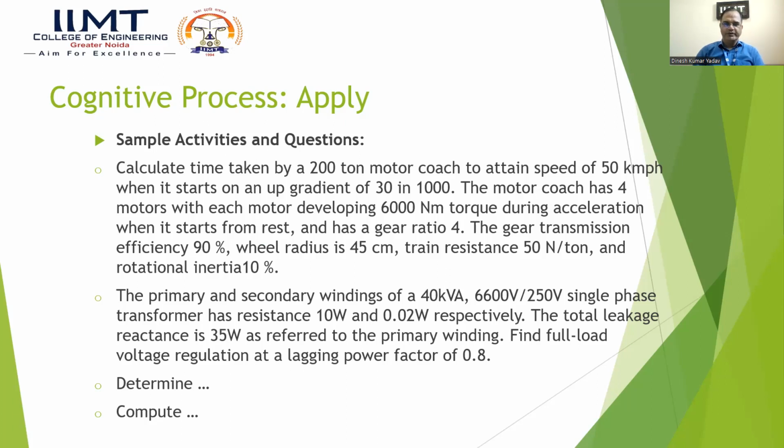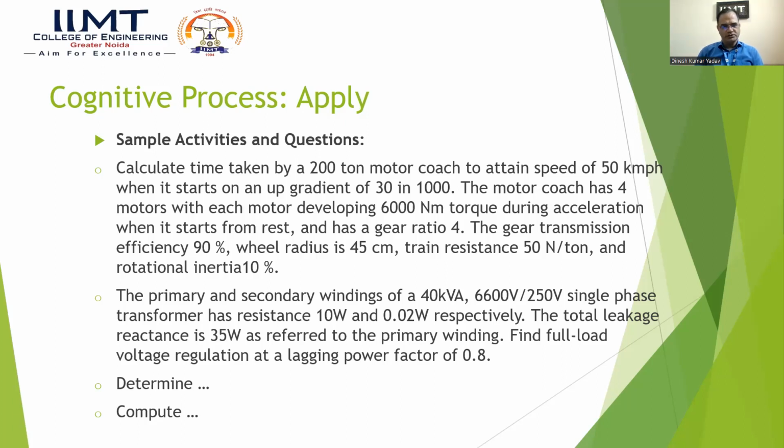So various parameters and numerical values are given here, and the student has to calculate the time taken to attain a particular specific speed. Obviously the formulas are pre-calculated, the relationships are pre-known to him. He just has to apply those formulas, apply his knowledge in solving this particular problem.